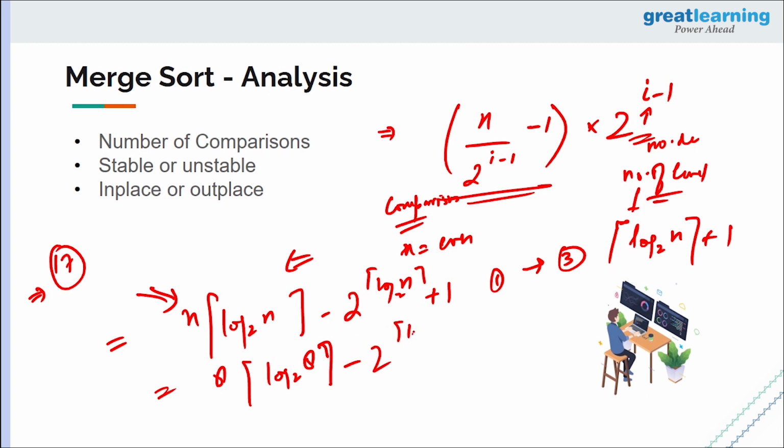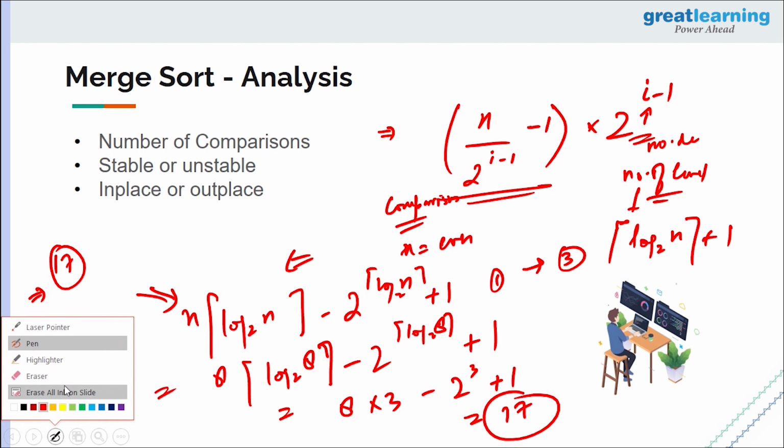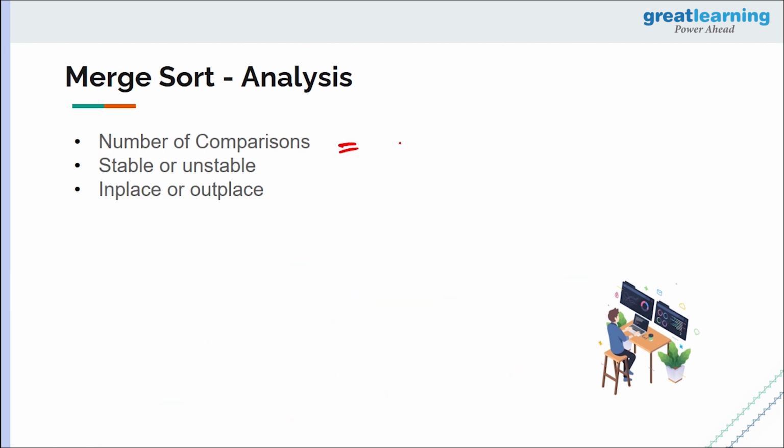So this will be 8 into 3 minus 2 raised to power 3 plus 1, which turns out to be 17. So our equation holds, and the formula for calculating the number of comparisons is n times the ceil value of log n to the base 2. This is a ceil value because we are taking into consideration both even as well as odd cases. Then minus 2 raised to power log n to the base 2, plus 1.